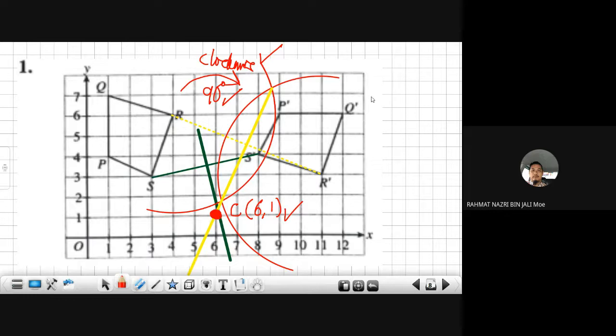So the answer is: clockwise rotation of 90 degrees at point 6, 1. This is the answer.